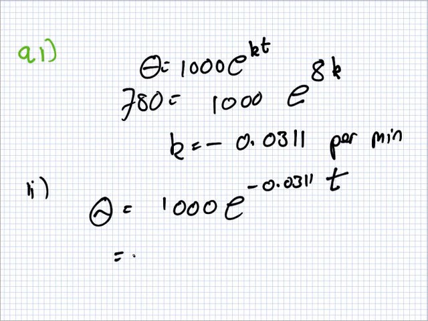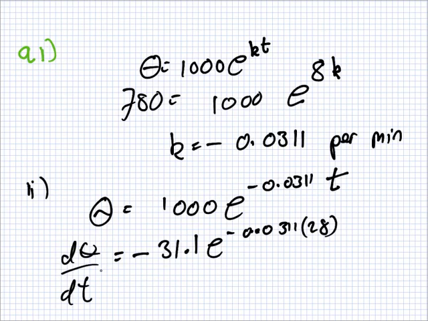So that would be minus 31.1 e to the minus 0.031128 t. This is the derivative here. Right, let's try it again.